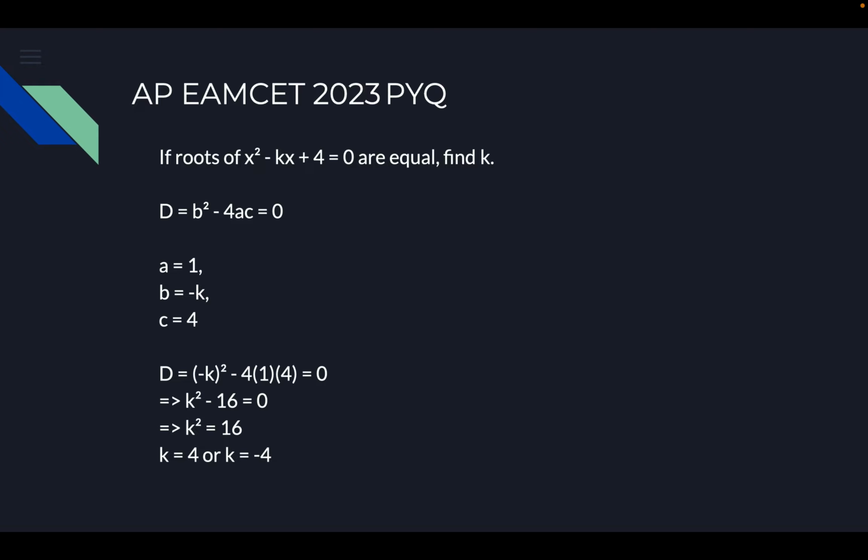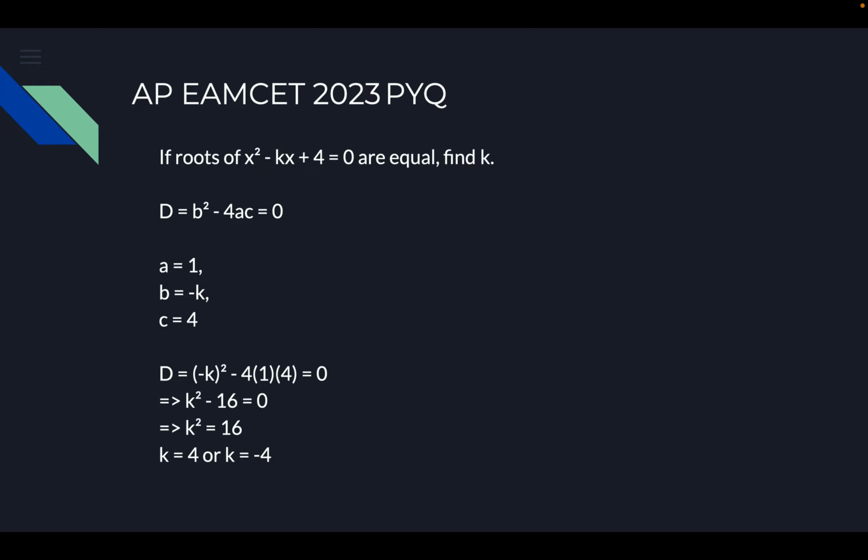So here he doesn't give us the roots directly, but he says d equal to 0, because both the roots are equal, and he wants us to find k. The value of d we can find because the roots are equal. So d equal to 0.